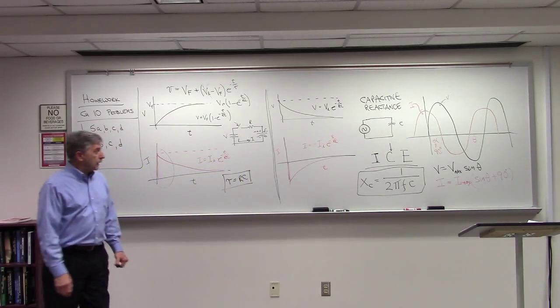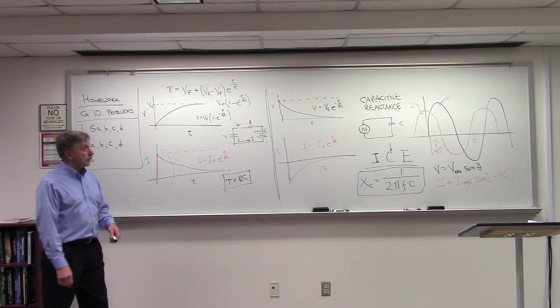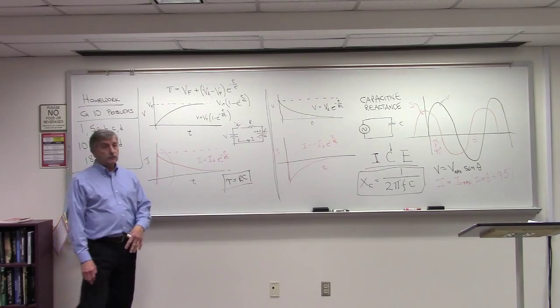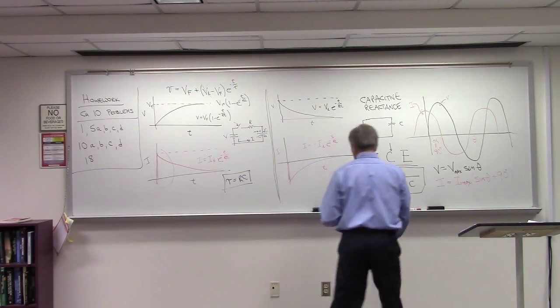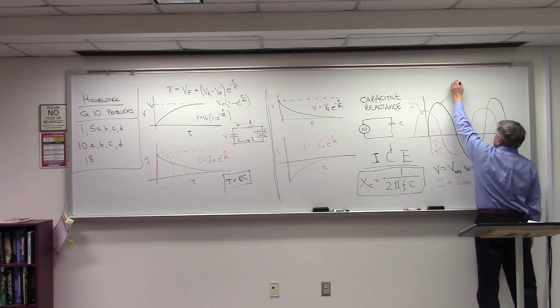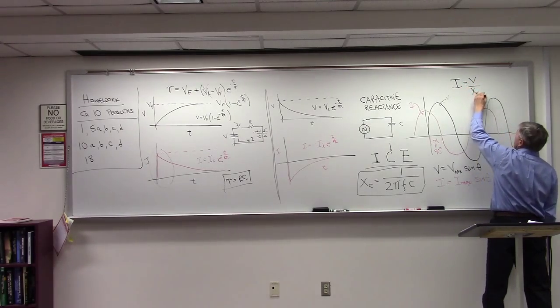Now, in a circuit with a capacitor, Ohm's law still applies, but we don't have resistance anymore, we have capacitive reactance. So the equations are basically the same. You have I equals V over XC.